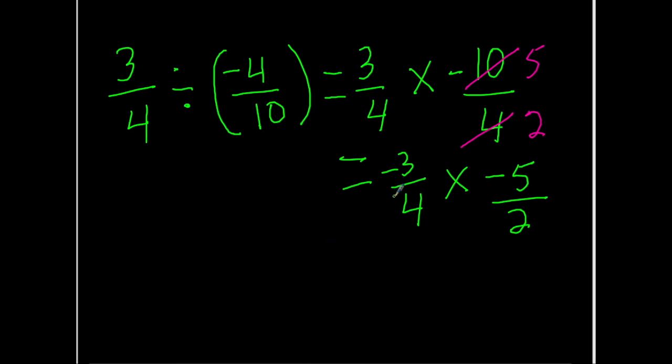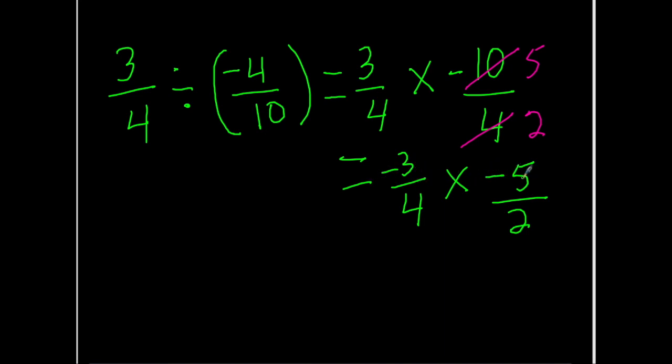Can we simplify this further? No, there is no number from the denominator of the first one and the numerator of the second one, or the denominator of the second one and the numerator of the first one. So this is already simplified. Now we can just multiply across.